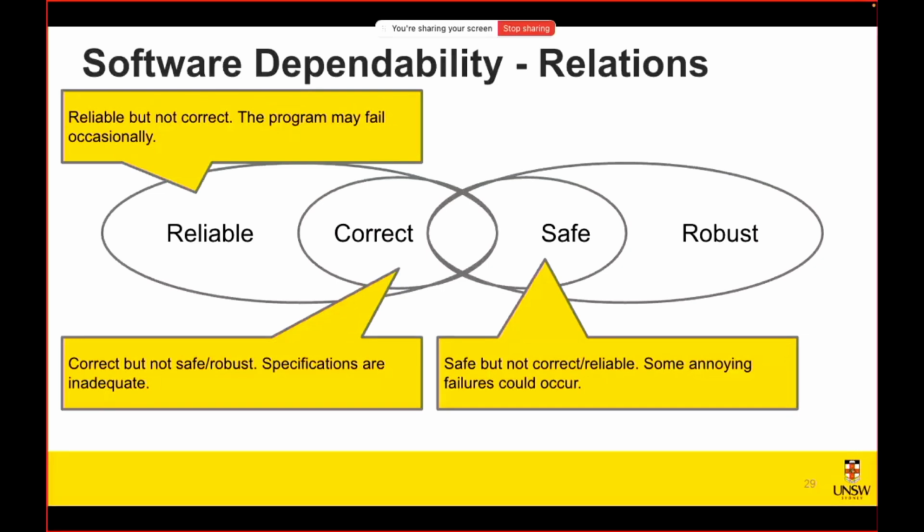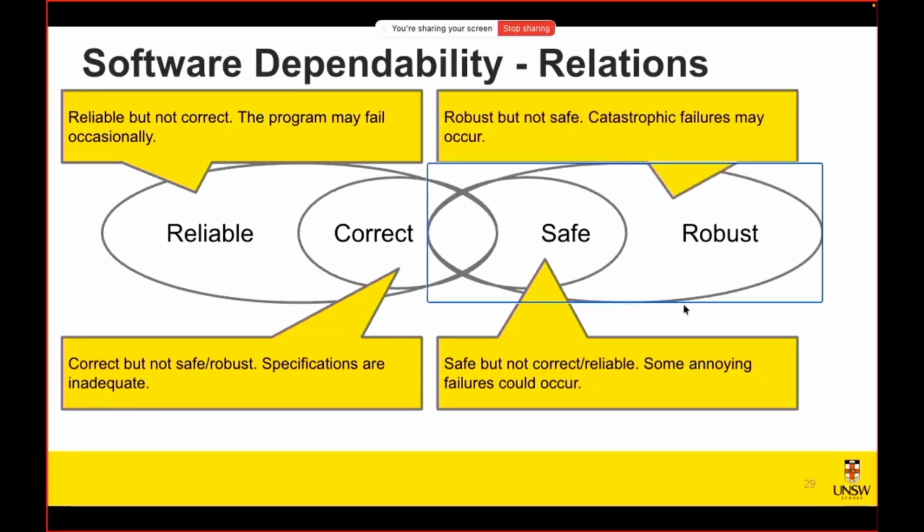So the program could be safe, but it may not fulfill the specifications or requirement. So that's this case. And the last one is, you can see that a piece of software could be robust but not safe, which means that the program can gracefully handle the failures, but there could be some cases where the handling could even cause some problems.